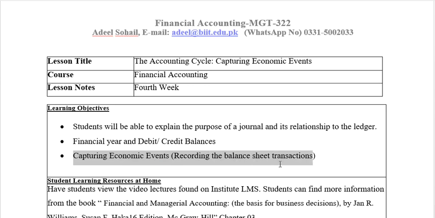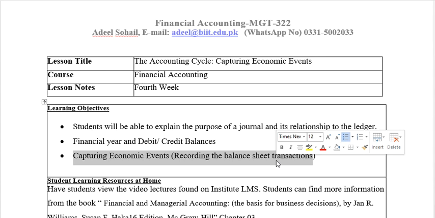In this lesson notes, we will learn about the balance sheet transactions, not all transactions, not the transactions related to your whole financial statement. We are just talking about the balance sheet transactions.